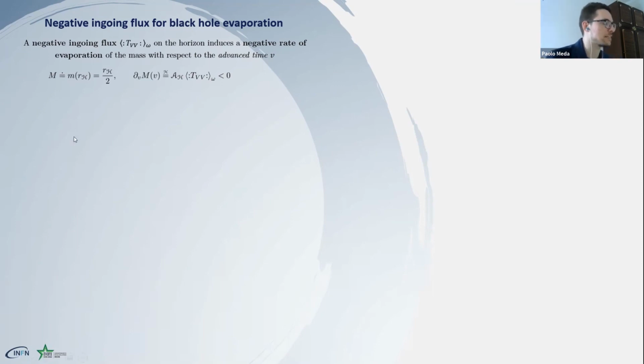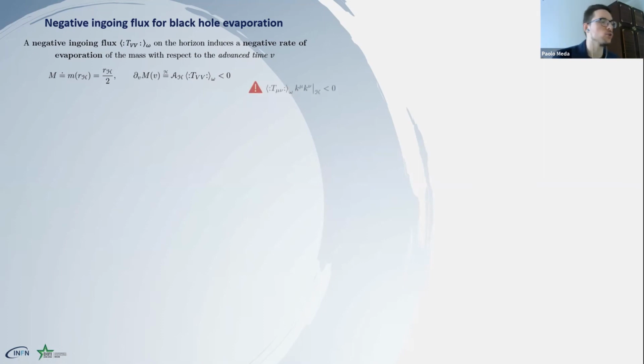Namely, if you define the mass of your black hole, that is the mass computed on the horizon, then you can compute the rate from the semi-classical Einstein equation, and this rate on the horizon is proportional to this ingoing flux, this VV component of the stress energy tensor. And if you find that this component is negative, then you find that this rate of evaporation is negative, and thus you can say that the black hole is losing mass.